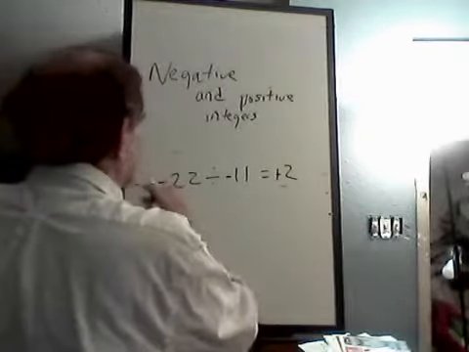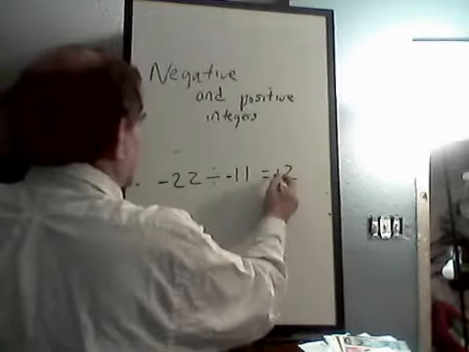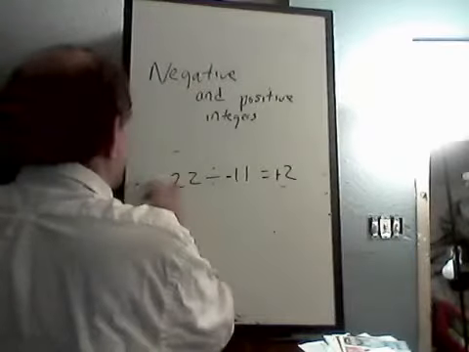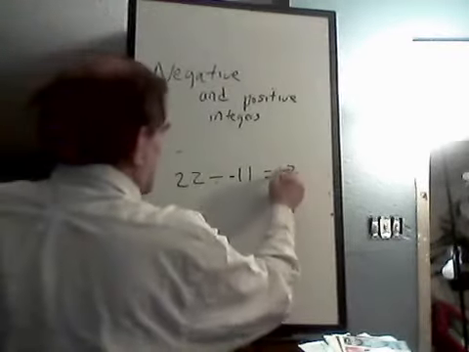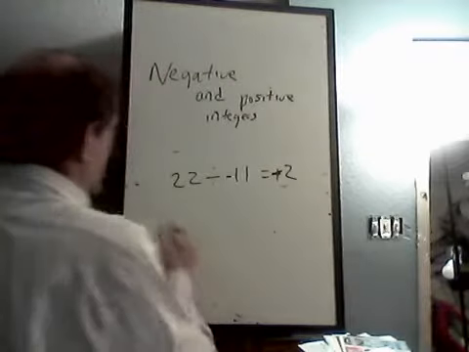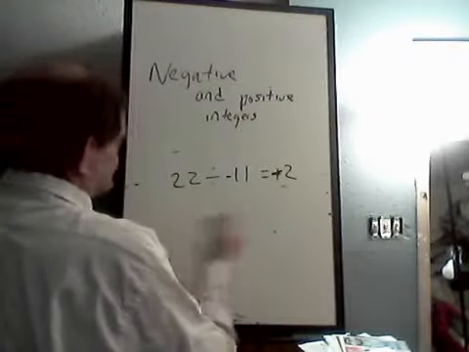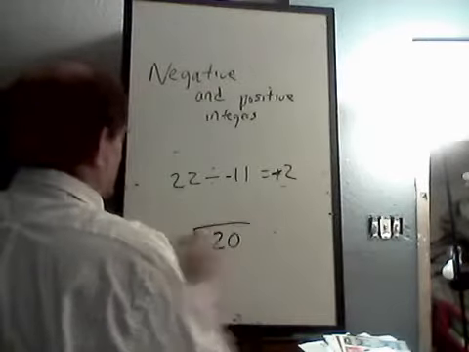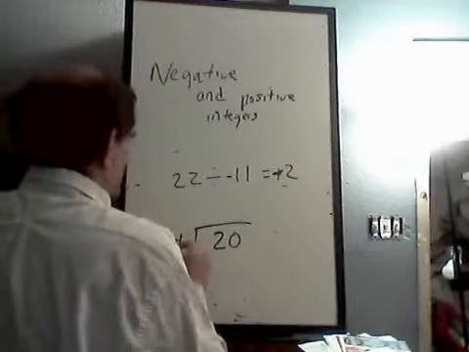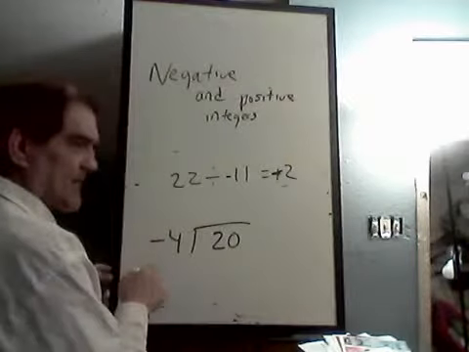So if you're dividing two negatives, that becomes a positive. If you're dividing with one negative, this becomes a negative.